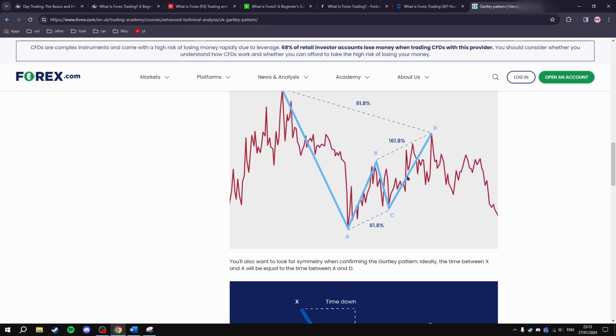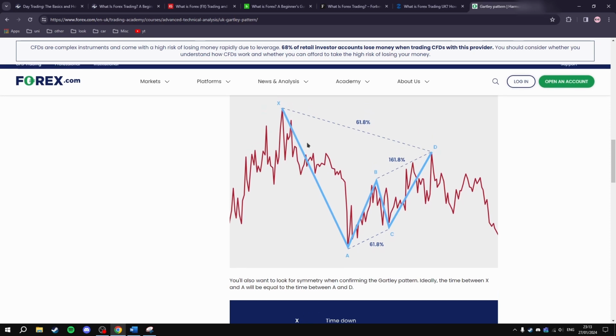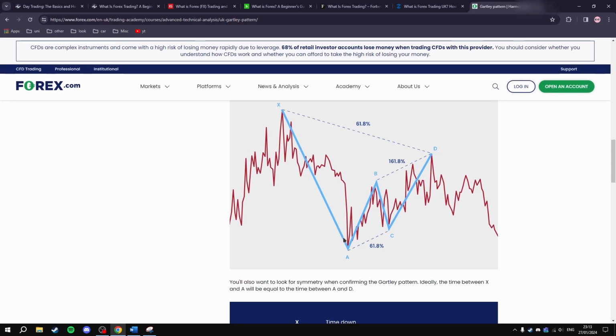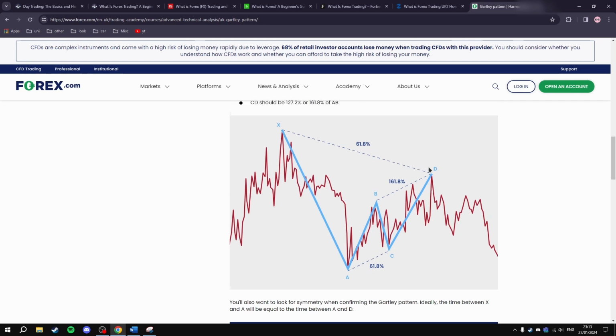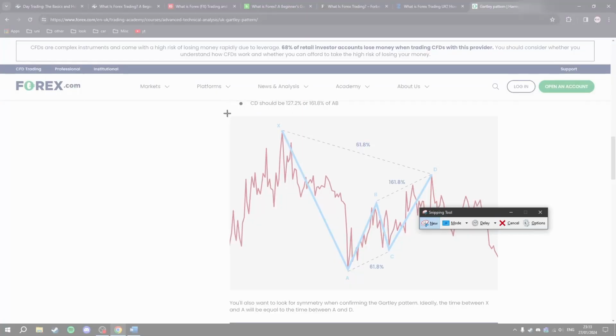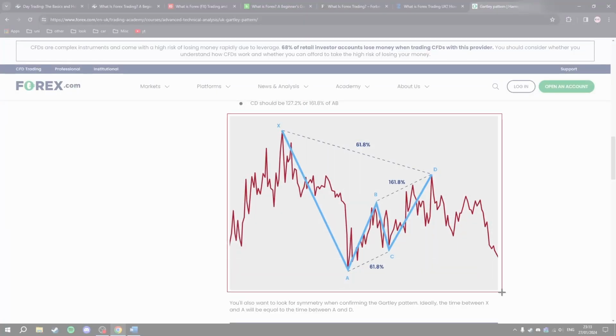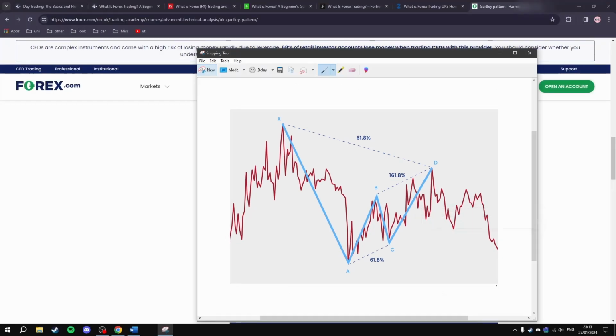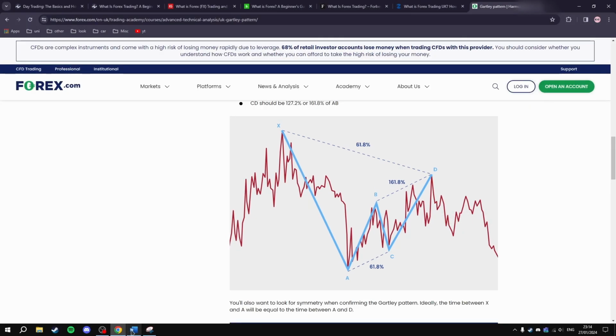You will also want to look for symmetry when confirming the Gartley pattern. Ideally, the time between X and A will be equal to the time between A and D. So that should be the same as that, I'm guessing.